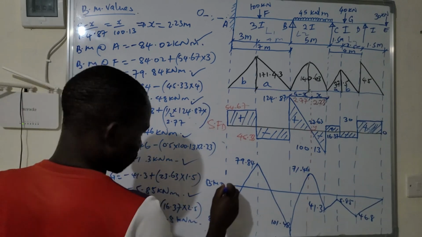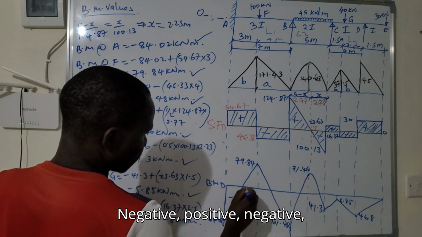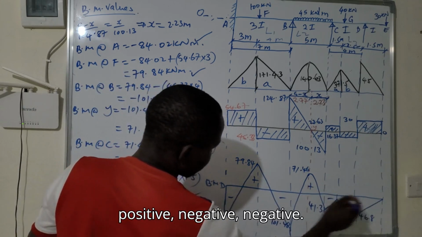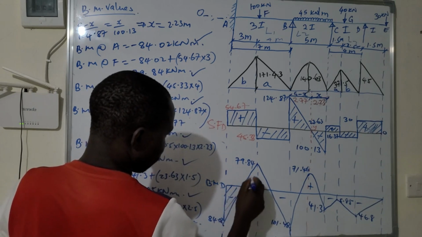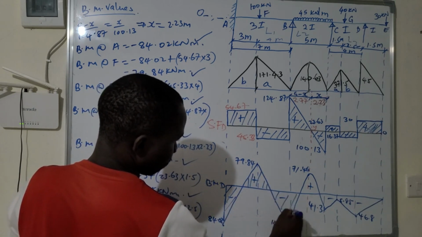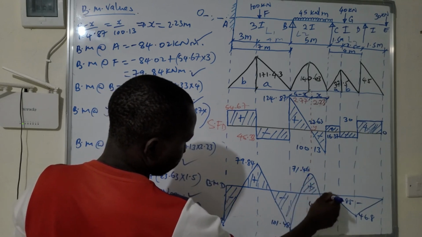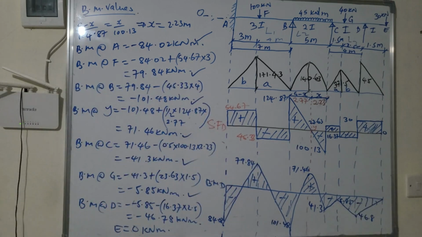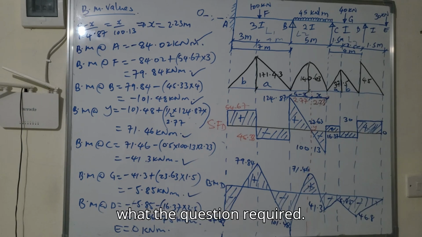So this one is negative, positive, negative, positive, negative, negative. Like that. So our question ends there. So having done so, we have calculated what the question required. So the question ends there.